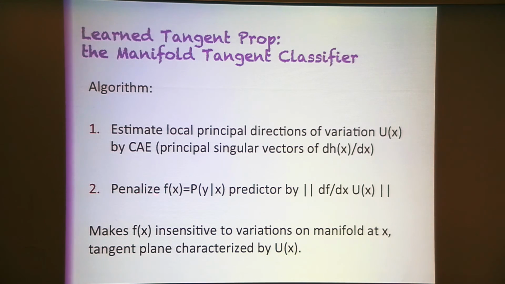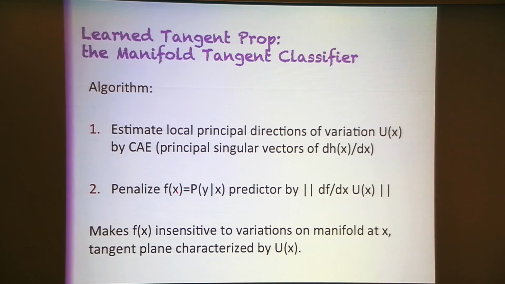And then the supervised part is we're going to train our predictor. In our case it would be just a neural net, which happens to use those features as input. This is the usual thing we do on top of our contractive autoencoder. But we're going to do something different here. In addition to the usual log likelihood of classification, the log of p of y given x, the usual supervised training error, we're going to add a penalization term. There should be a square here.